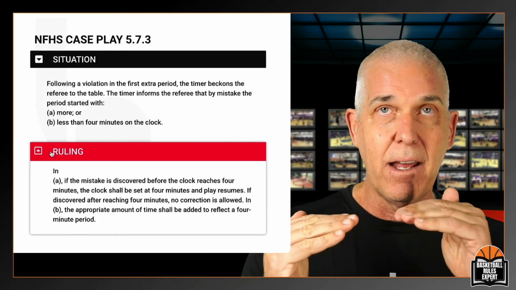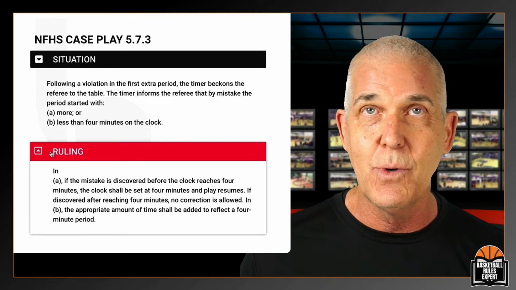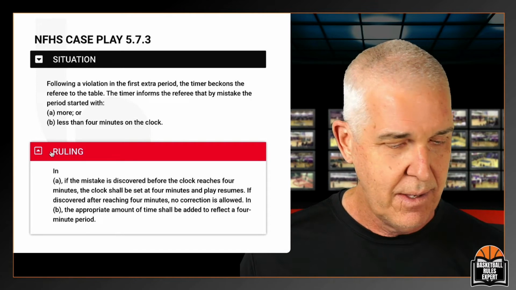We're not going to reset up to the 4-minute mark, but would that be your interpretation here as well? Holy cow, that is some crazy stuff. I definitely would have got that wrong. I would definitely have gone with putting 3:32 on the clock, but the case play says in that instance, obviously something we need to avoid, right?